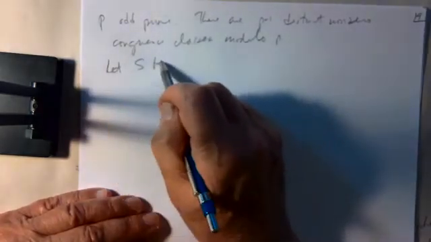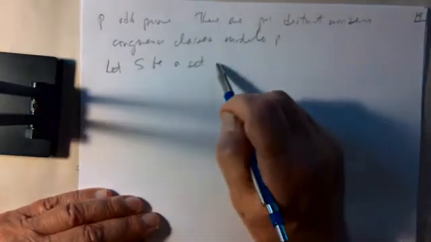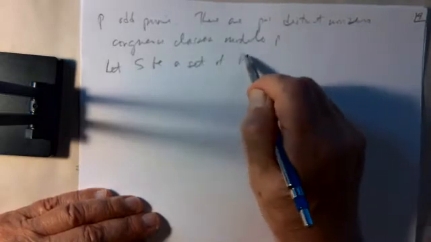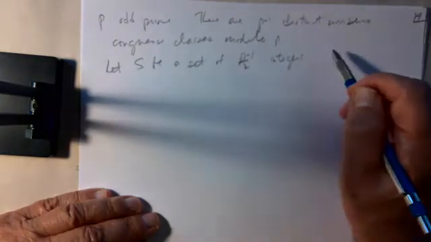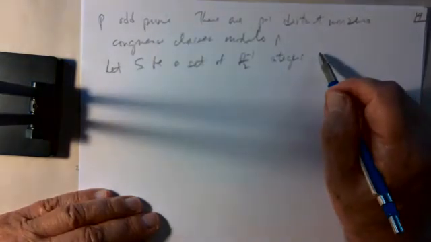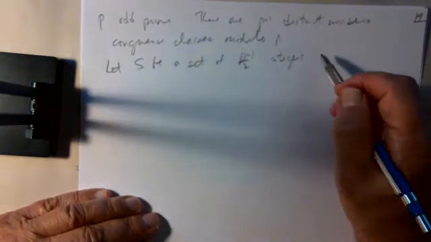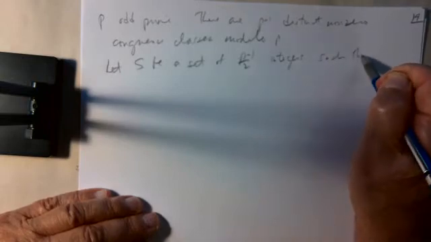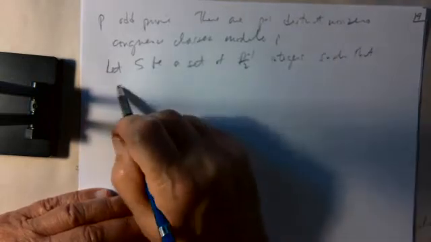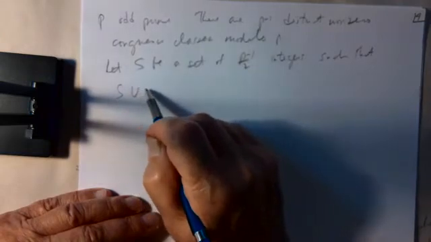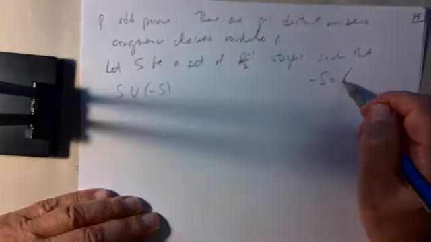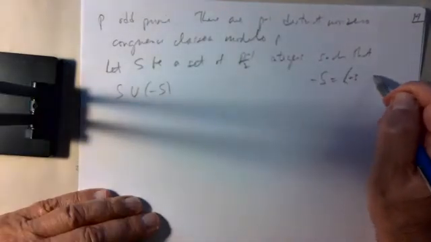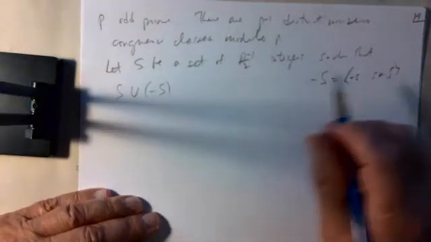So let S be a set of half this number, p minus 1 over 2 integers, such that S together with the set minus S. Minus S just means the set of all numbers, the negatives of all the elements of S.